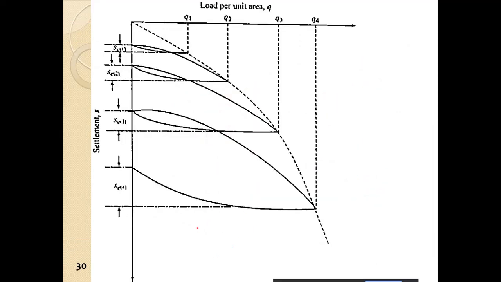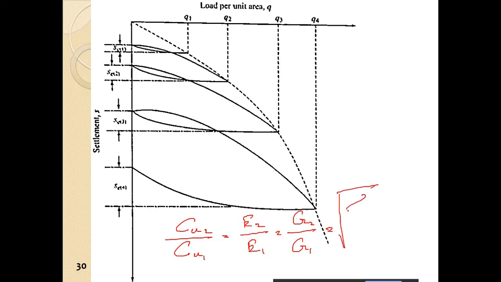If we have Cu2 and Cu1, two values of coefficient of uniform compression, then E2 by E1 is equal to G2 by G1, which is equal to sigma 2 average, that is the effective mean confinement obviously, and sigma 1 into area 1 by area 2.